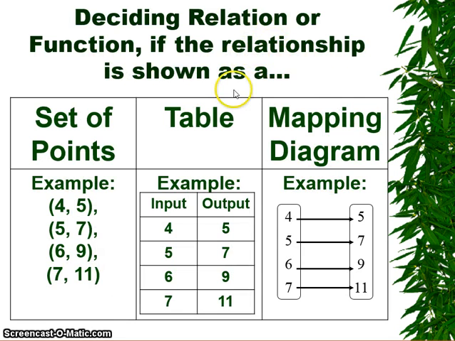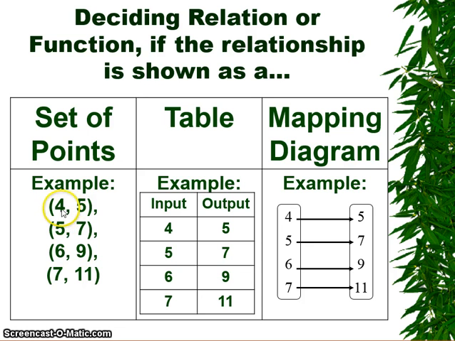So as we have talked about, we are going to be looking at sets of points, tables, and mapping diagrams and trying to decide if they are a relation or a function. To build some background information, I first want to show you what each looks like. If a relationship is organized as a set of points, you will see ordered pairs just like the ordered pairs that you graphed on the coordinate plane.